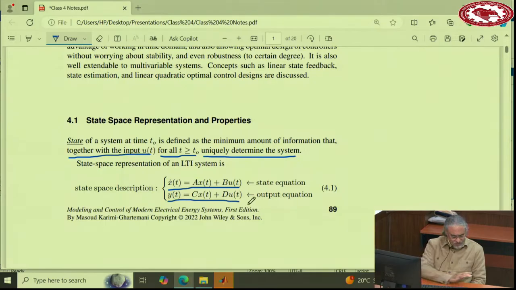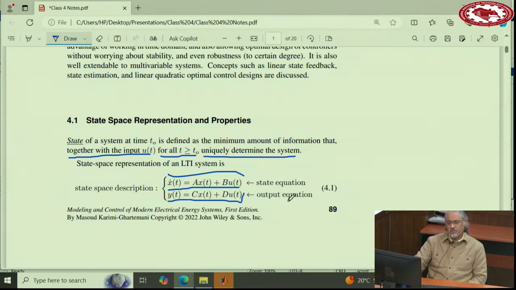If you represent the system equations in this form as a number of first order differential equations, then these are called the state equation, and the equation that generates the output is called the output equation. Altogether they are called the state space equations.